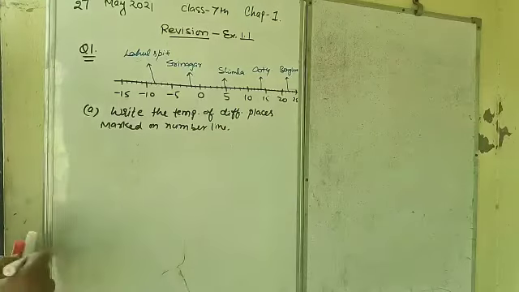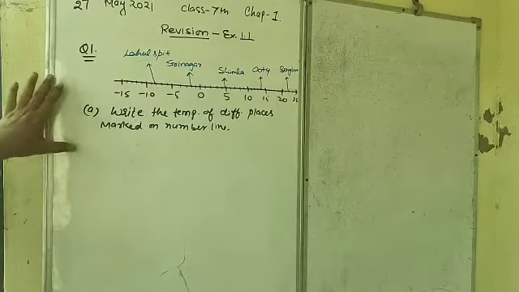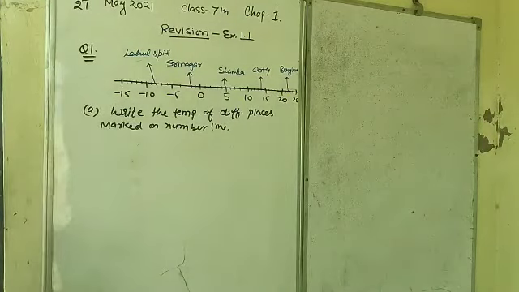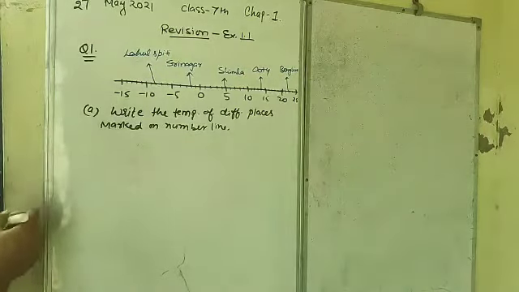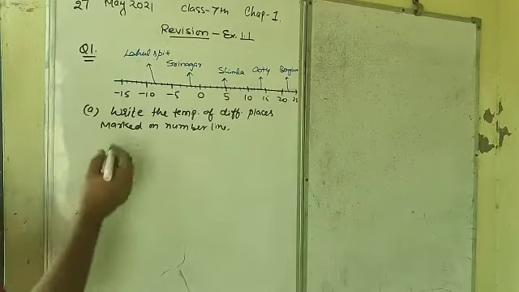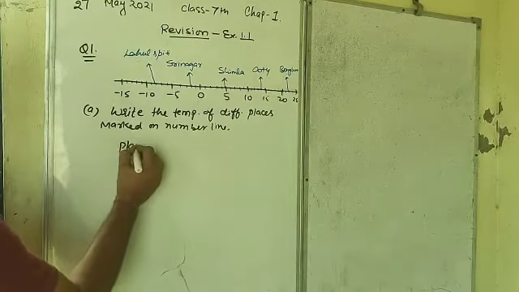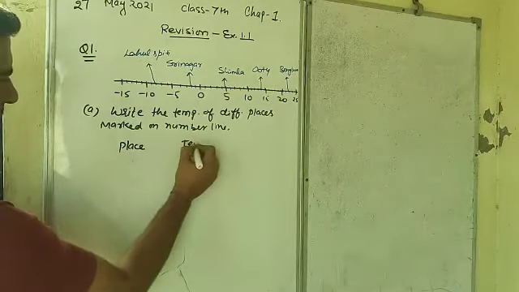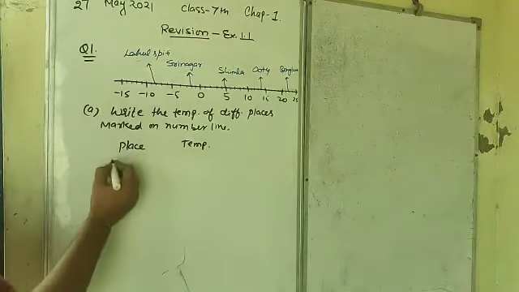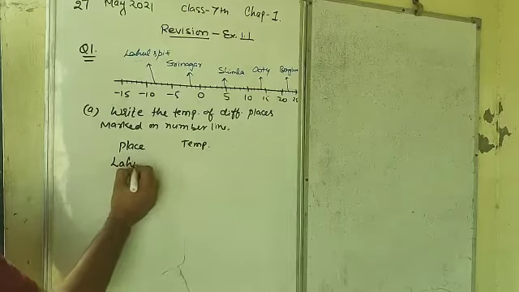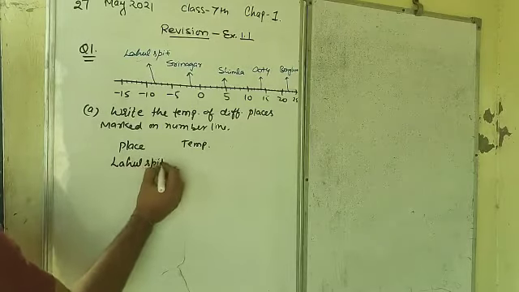Look at the first question, in the first part, we have to just write the name of the place and then their temperature. So how do we solve this question? Look at this. Place, temperature, like this. So what is the place? It's Lahul Spiti.